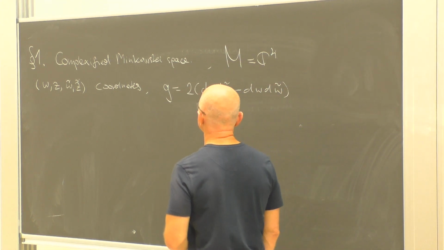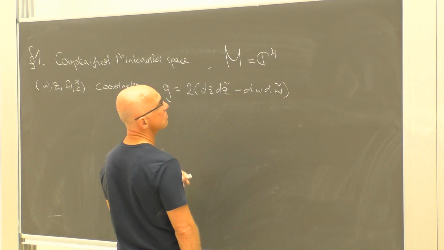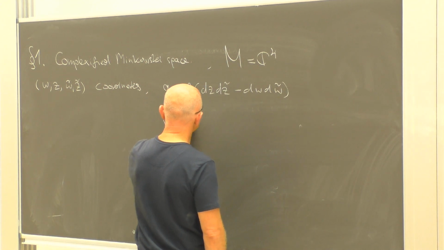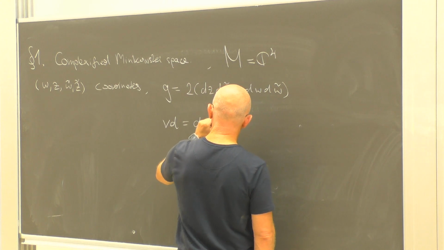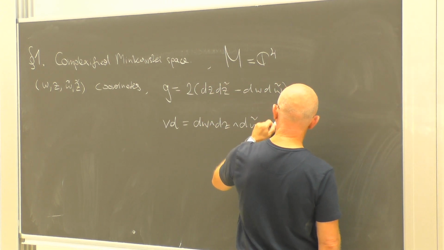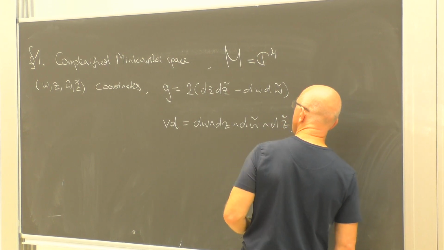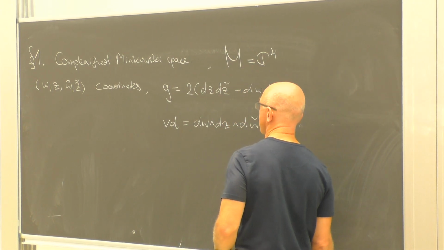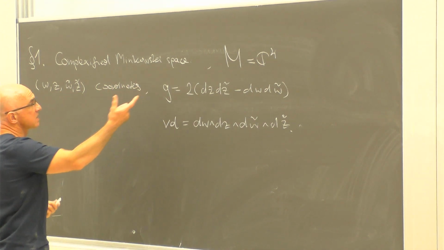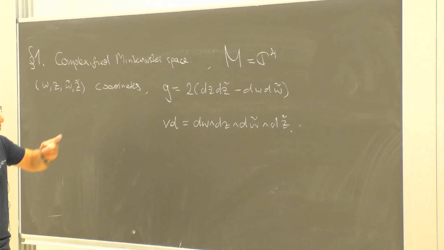And we will have a holomorphic volume form, which is dw wedge dz wedge dw tilde wedge dz tilde. So it's a Minkowski space with an orientation. Okay, and this doesn't have any signature because it's complex and holomorphic.